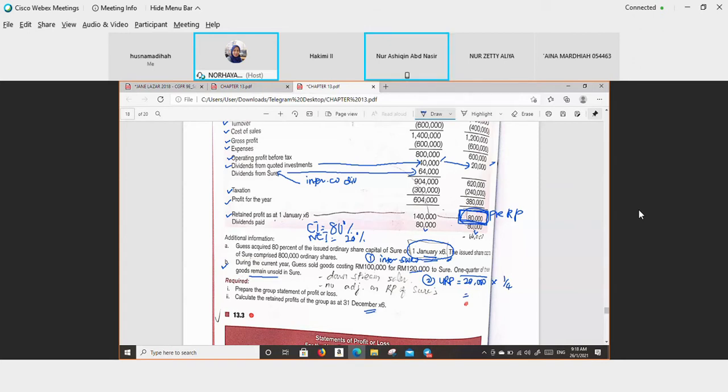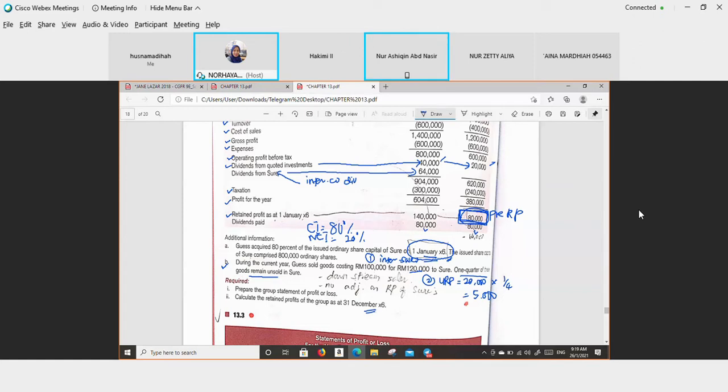Calculate again. 500 or 5,000? 5,000, doctor. Okay, 5,000. So from this information B, you have intercompany sales of 120,000 and the other one is the unrealized profit. Why unrealized profit? Because 1/4 of the goods remain unsold.